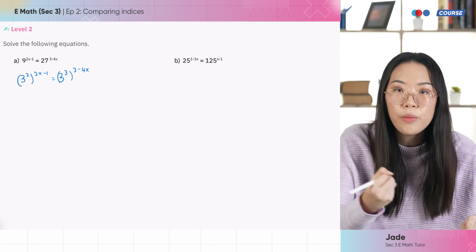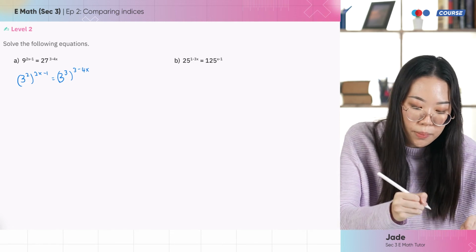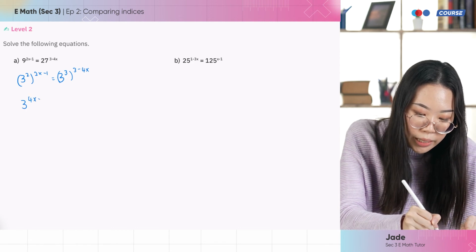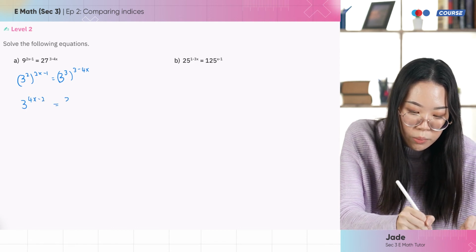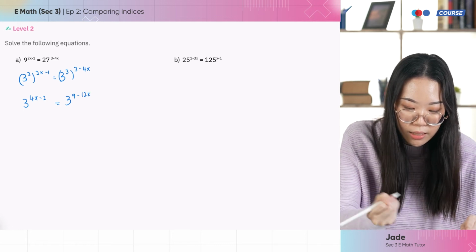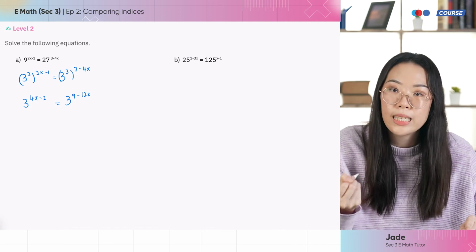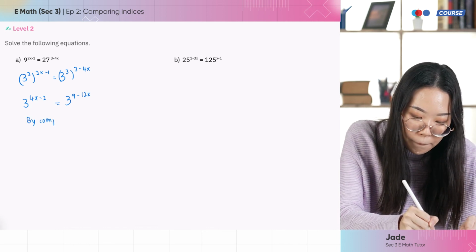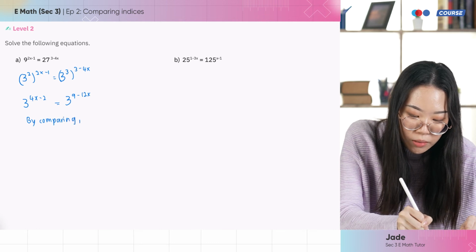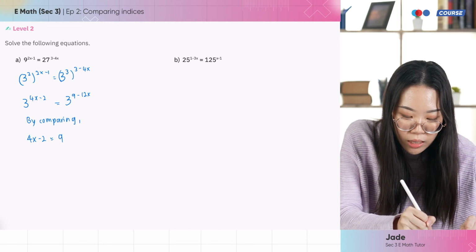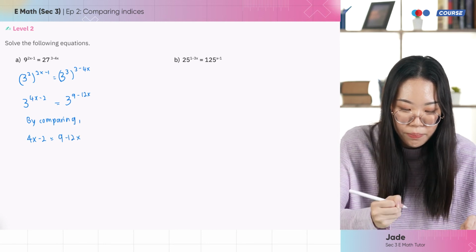Okay, and now we can utilize the laws to simplify. So we get 4x minus 2 equals base 3 to the power of 9 minus 12x. Now both bases are the same, and we can compare the indices. By comparing, 4x minus 2 equals 9 minus 12x.